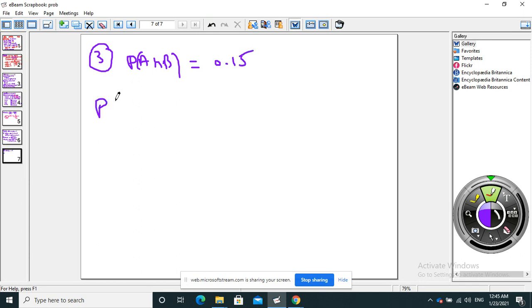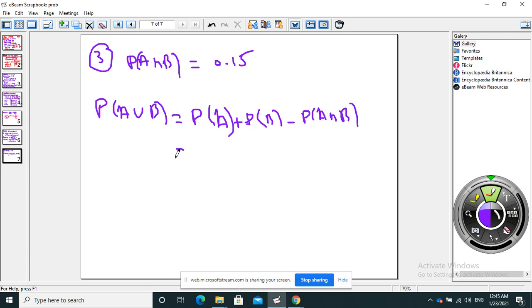The formula for P of A union B is P of A plus P of B minus the intersection, P of A intersection B. So it equals 0.6 plus 0.3 minus 0.15, meaning 0.9 minus 0.15, which equals 0.75. That's it.